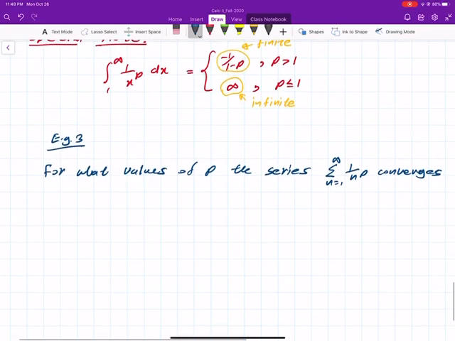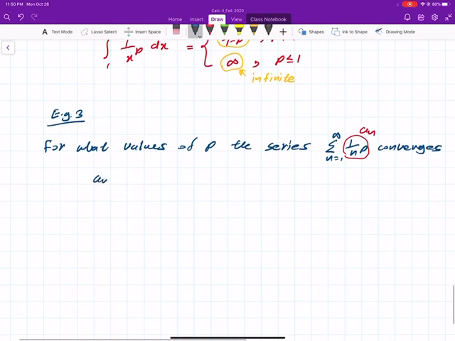Okay, so this is the given problem. First of all, you have to find the nth term. So that's the nth term. So you write a_n equals 1 over n to the power p, and then you find the corresponding function, which is f of x, which is 1 over x to the power p.